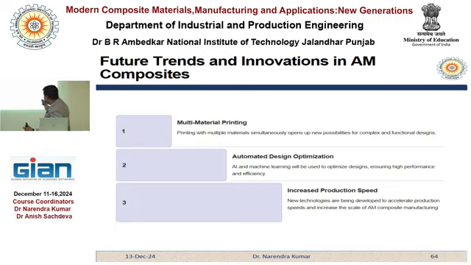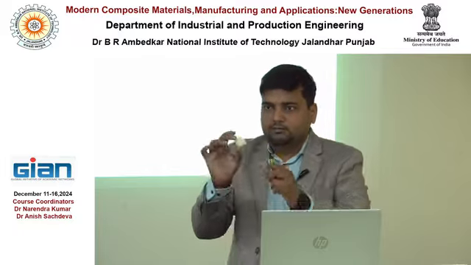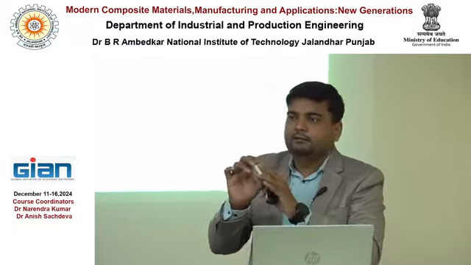Automated design optimization. In the coming time, AI and machine learning will be used to optimize the designs. Like I have shown you one part, that honeycomb one. Where is it? Yeah, this one. Here I have just used this honeycomb pattern for the whole part.